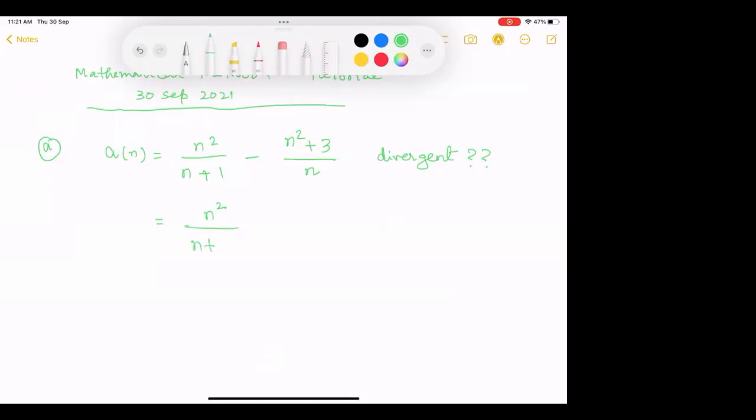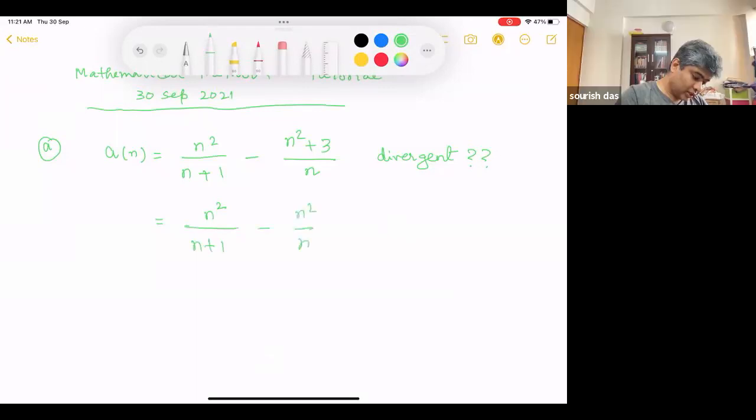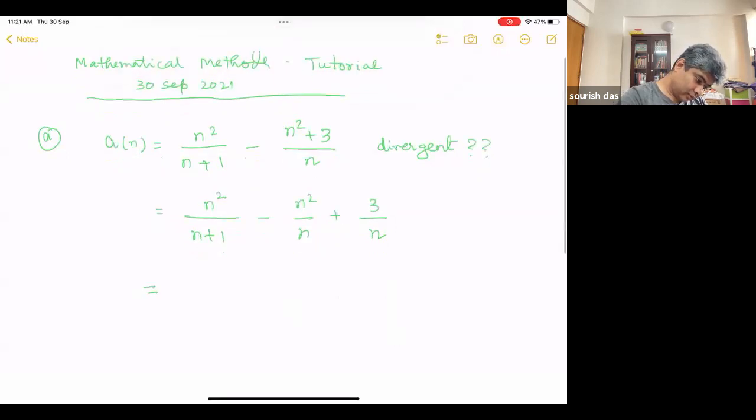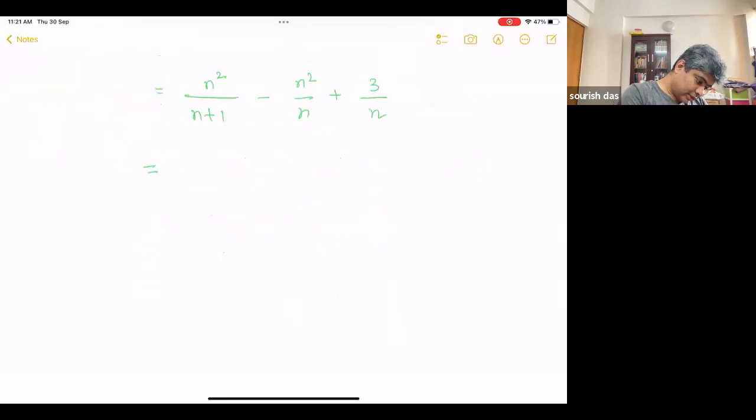That is n square. So you can write it in this way. I'm just simplifying it, okay? Now, there is one small trick that I'm going to use.